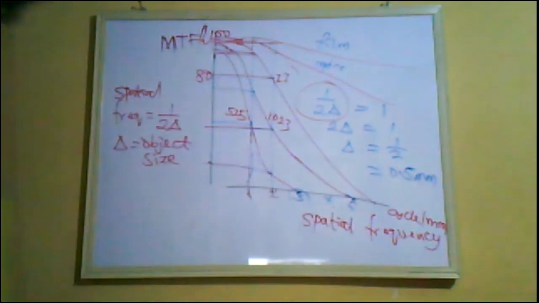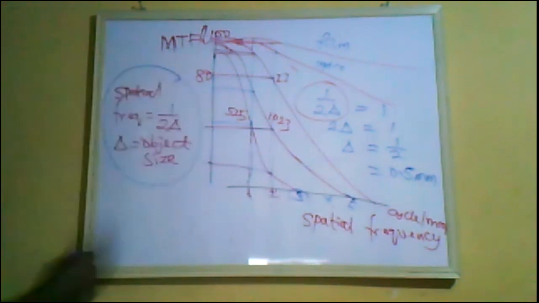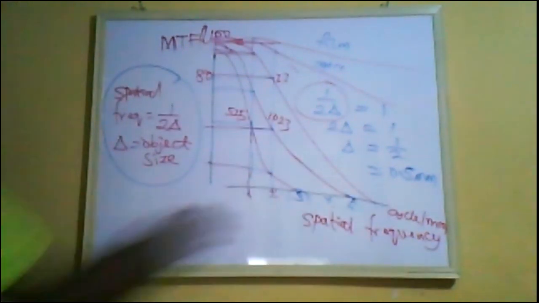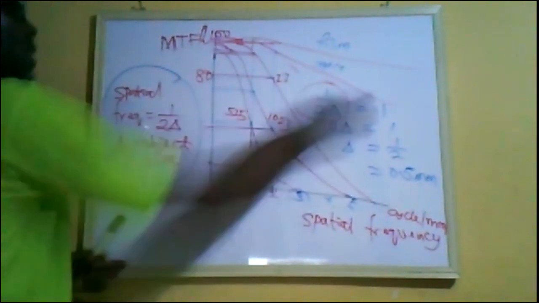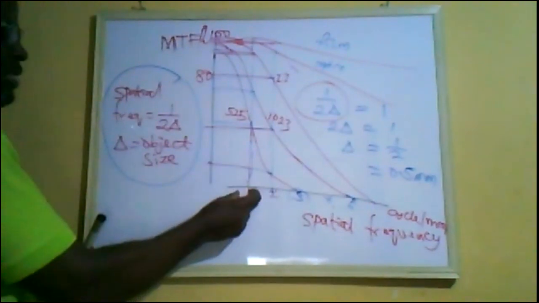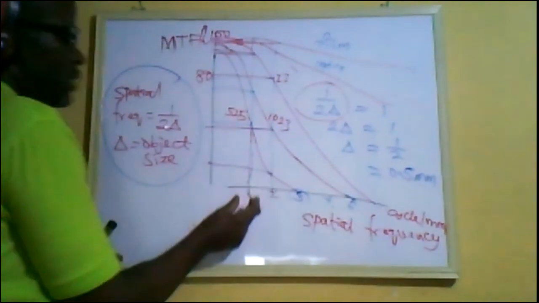The object size, you have that. So for a spatial frequency where 1 over 2 delta is equal to 1, we want to get the thickness or the dimensions of the object.